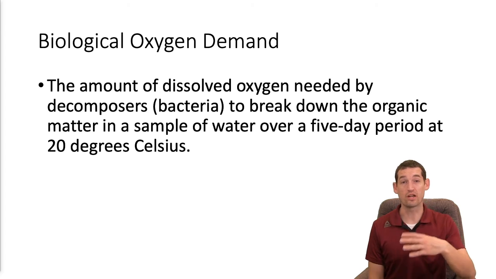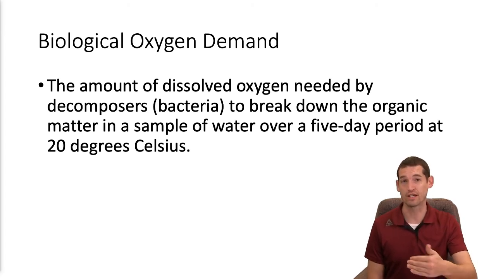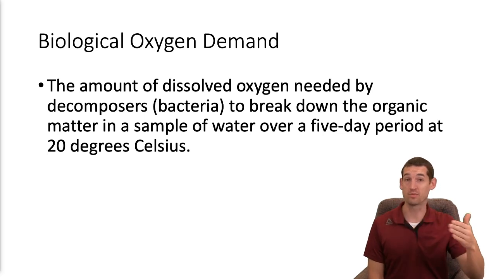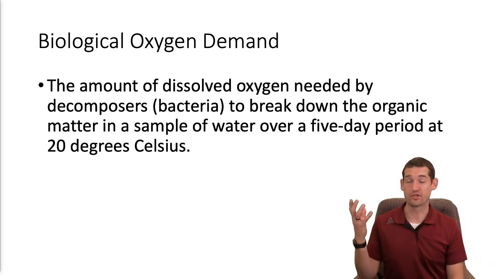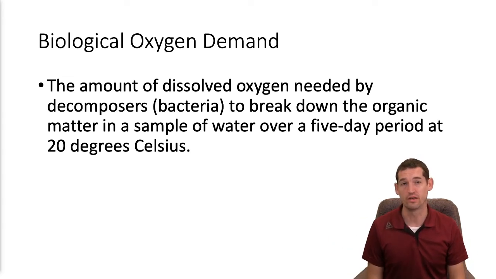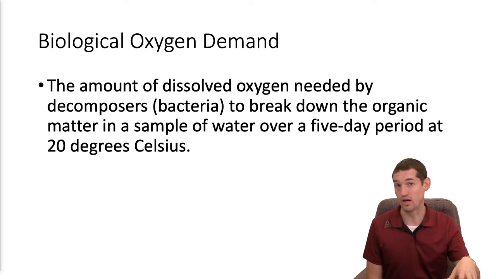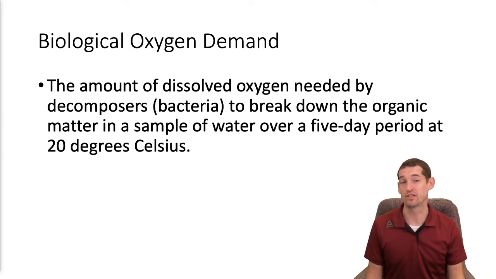So with those processes we talked about where humans are causing eutrophication of a lake, as the lake becomes more eutrophic, the biological oxygen demand goes up. That demand is consuming more of the oxygen in the water, as well as it warming up. So the amount of oxygen is going to drop in that body of water, and that's going to negatively impact probably a lot of those higher oxygen demand species like trout.